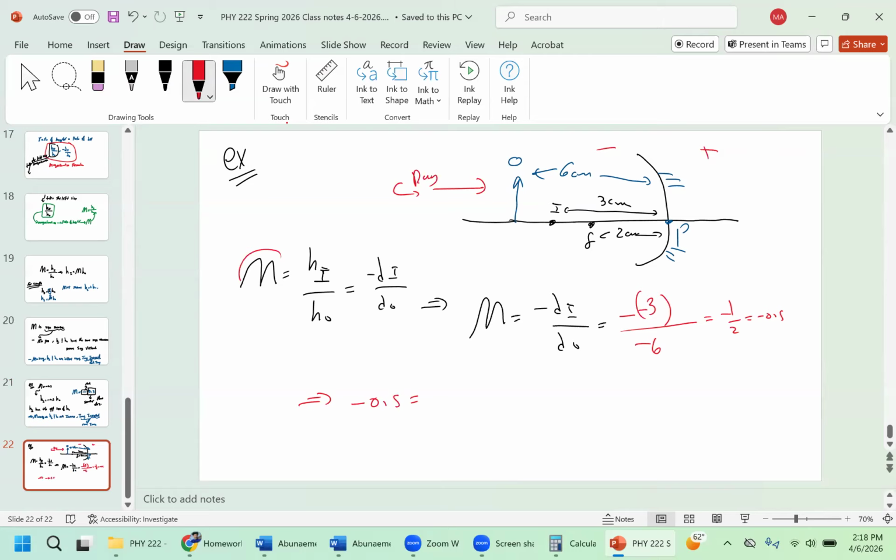This minus 0.5 is going to equal minus, sorry, not DI, the height of the image divided by the height of the object. That means the height of the image, in this case, would be minus 0.5 times the height of the object, whatever the object is.